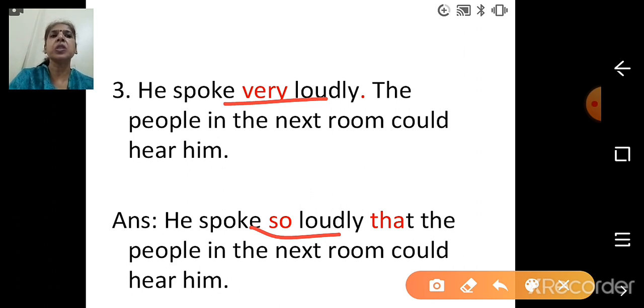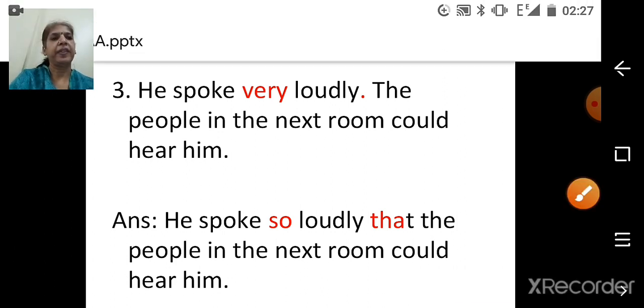In that place, so. And in the place of this full stop, that. The next letter, this T, will become small, one full stop at the end.